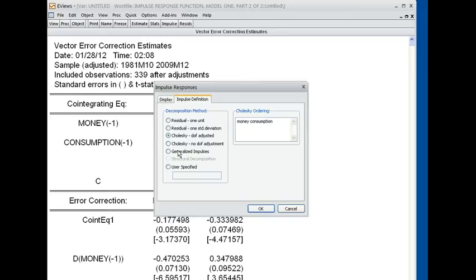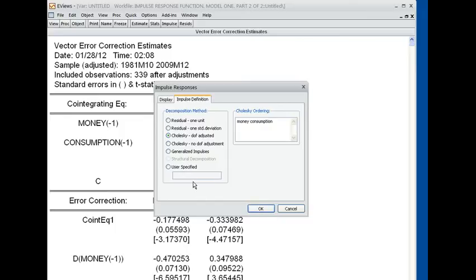Out of many options, I choose Cholesky Dov adjusted, but you can choose other methods also, to set my ordering of variables.